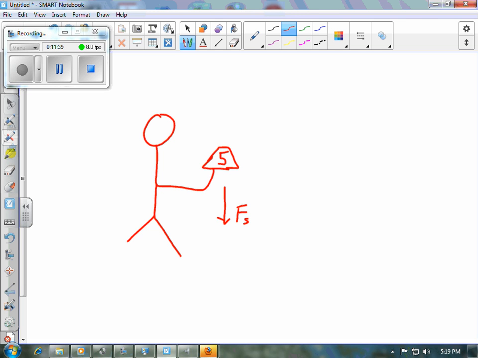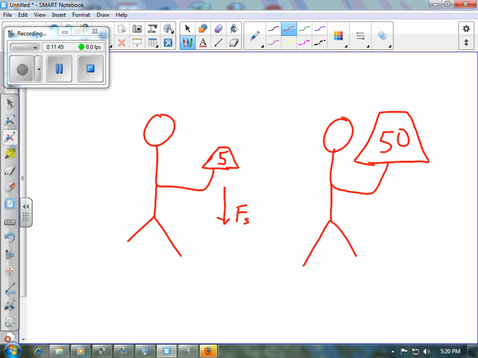And I feel that as 5 kilograms. So now, here's me, and now I've got to hold up something that weighs 50 kilograms. It experiences a bigger force. Force big, right?